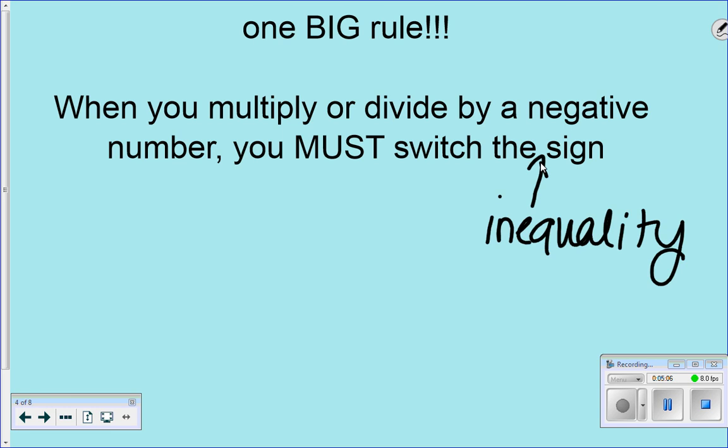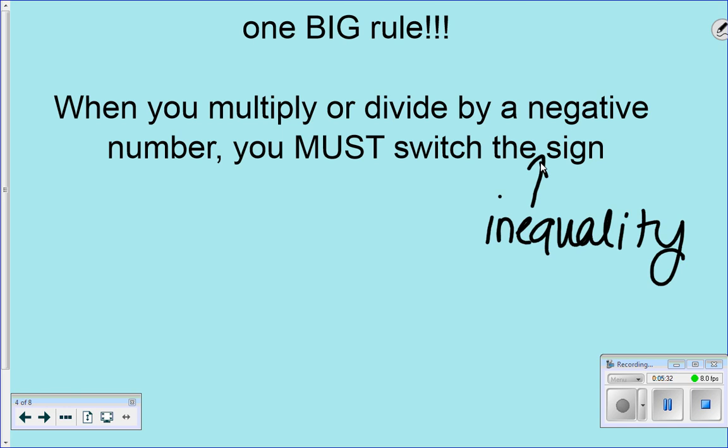Why do we have to do this? Well, when you multiply by a negative number, what happens usually? The sign switches, right? Like the negative sign switches, or becomes positive or something. Now here's the thing. That inequality sign does not understand our number line. It doesn't understand that when I get to 0, the number line basically flips and it becomes -1, -2, -3, -4.